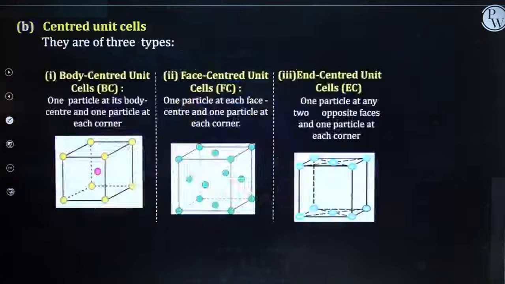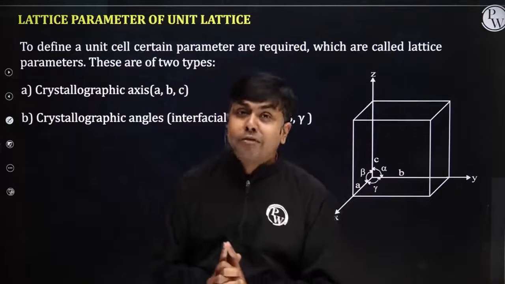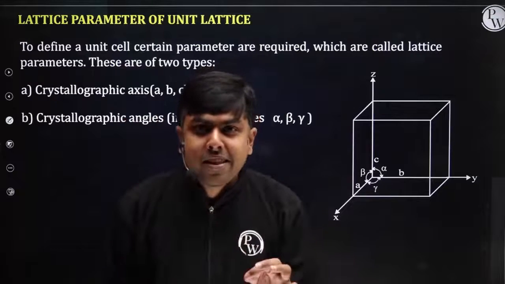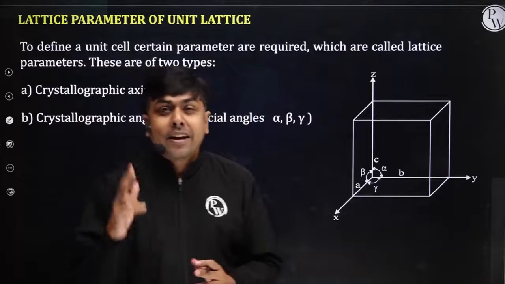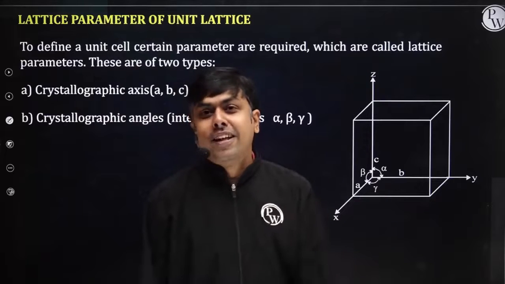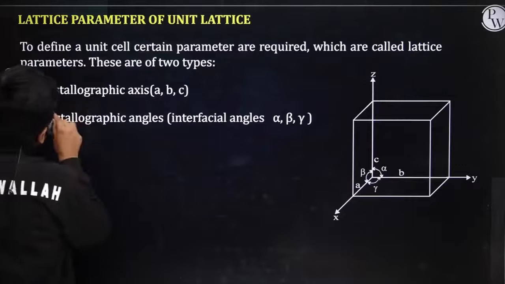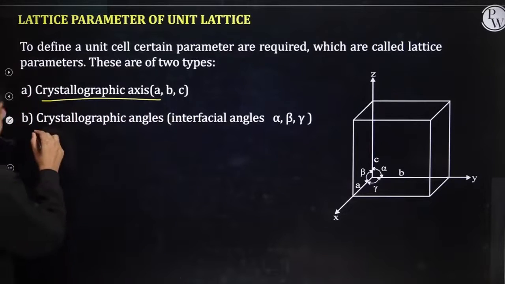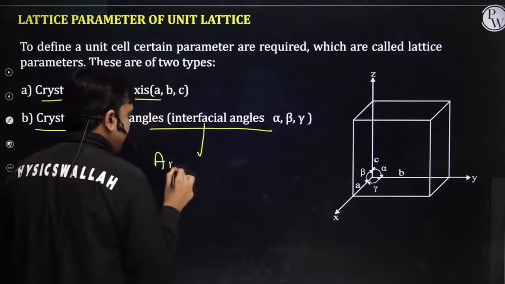Students, to define a unit cell, we need a few parameters, and these are the edge length and the angle between the faces. So there are two parameters required to define a unit cell: the crystallographic axes, which you may call the edge length, and the crystallographic angles, which you may call the interfacial angle, the angle between the faces.